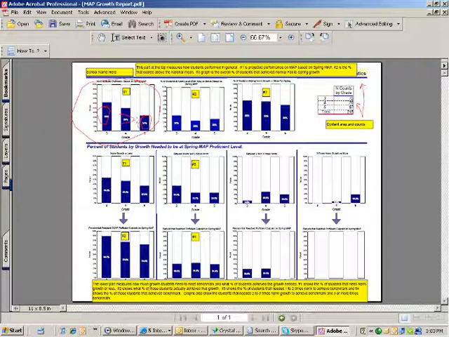The benchmark is actually a RIT level. Students above that RIT level are projected proficient, and students below that RIT level are considered not proficient. Now this report here is based on spring, so we were projecting how the students were doing in the spring of 2008.